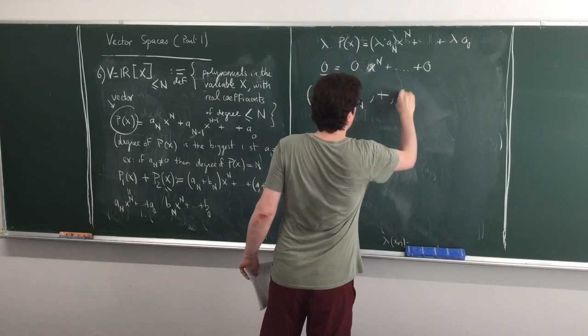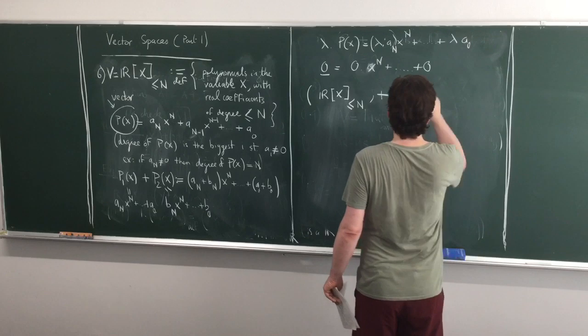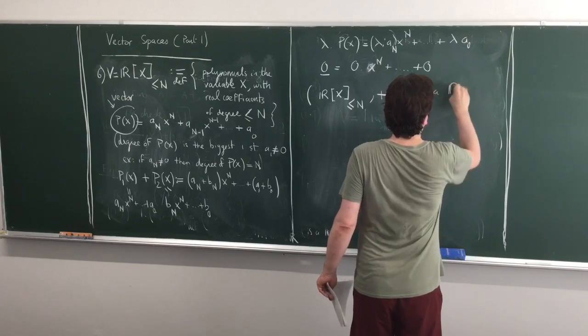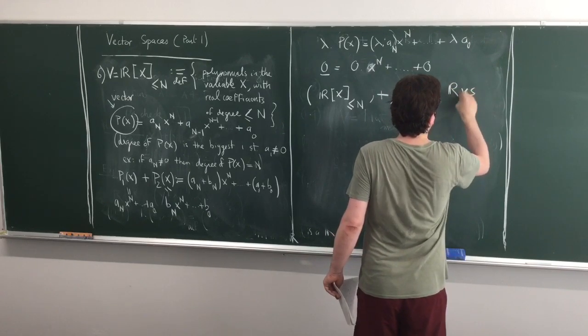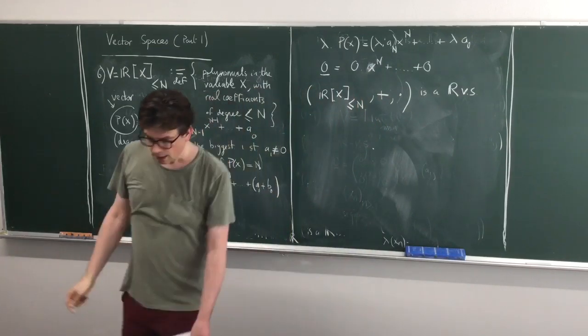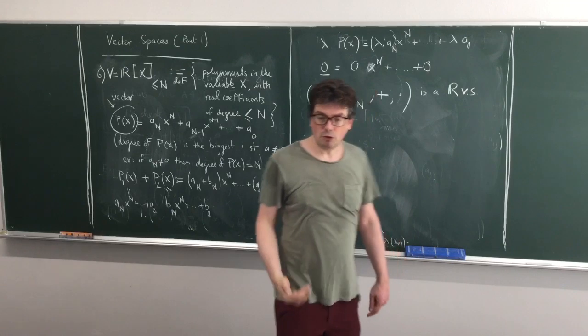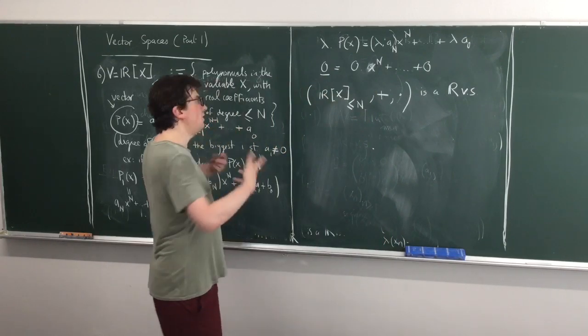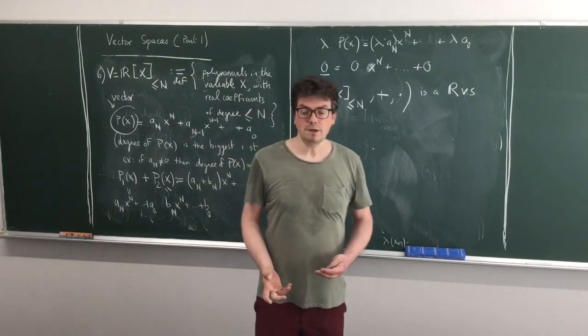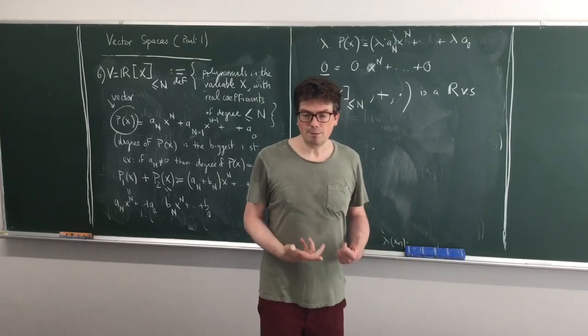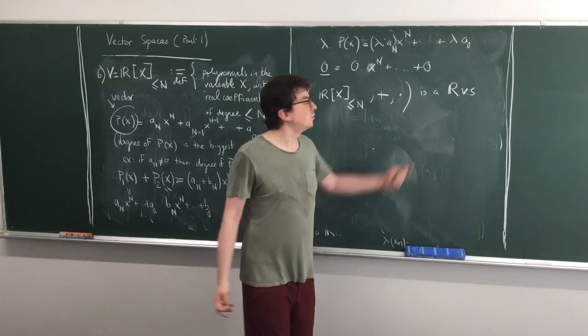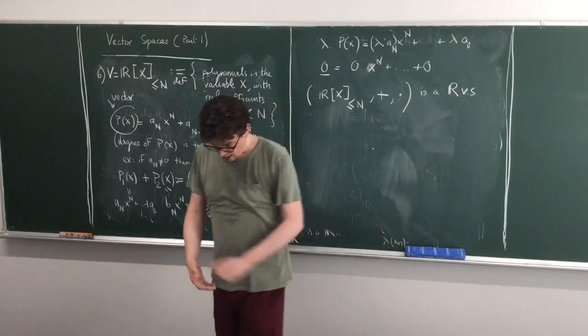With this plus and with this scalar multiplication, this is an R vector space. And once again, to prove A1 to A4 and M1 to M4, you use the definition of your operations, and then you reduce the problem to an assertion on the real numbers themselves.